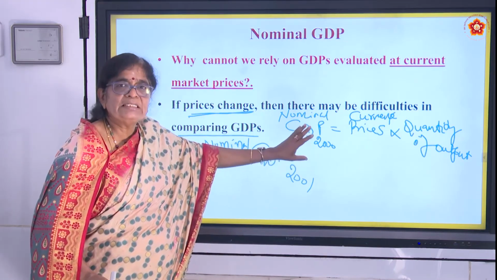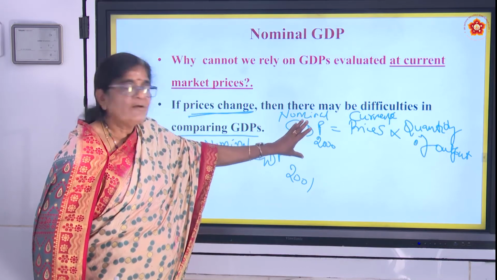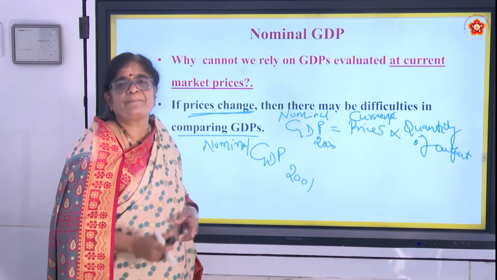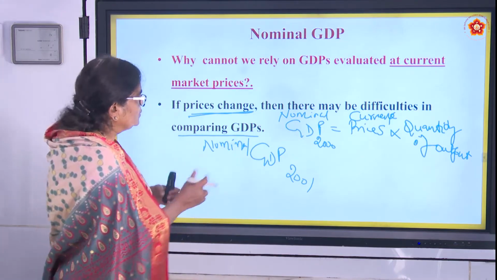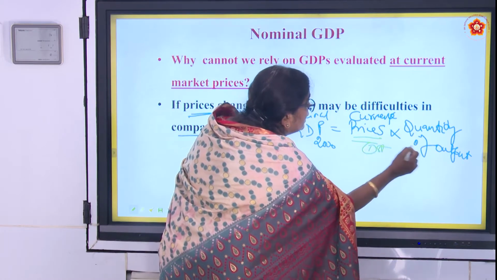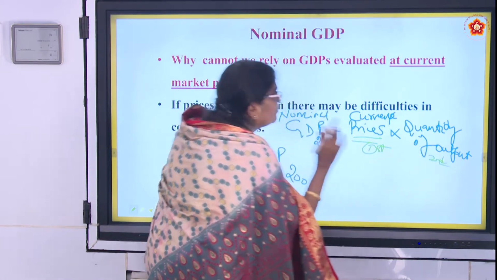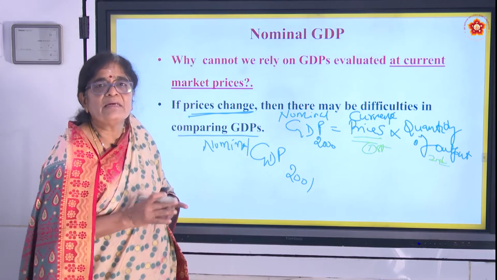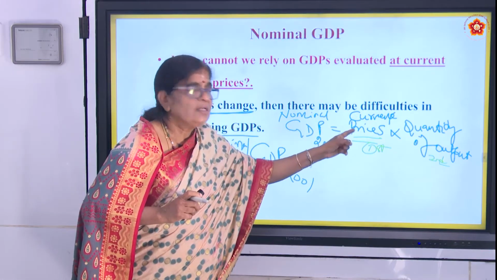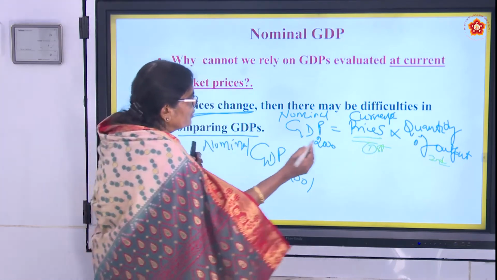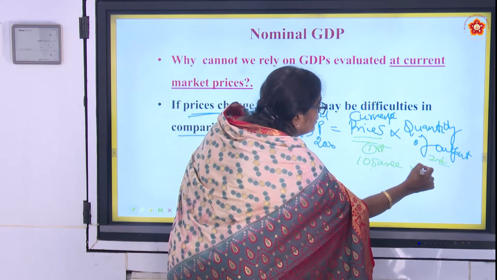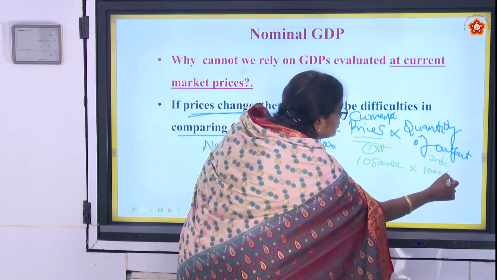We want to compare GDP in 2000 in India with the GDP in 2001 in terms of nominal GDP. What will you do now? Because it depends on both factors, the first factor and the second factor. When GDP has really grown, it should have grown in the quantity of output, not because of the price changes. If, for instance, here 10 sari in terms of rupees 1000.